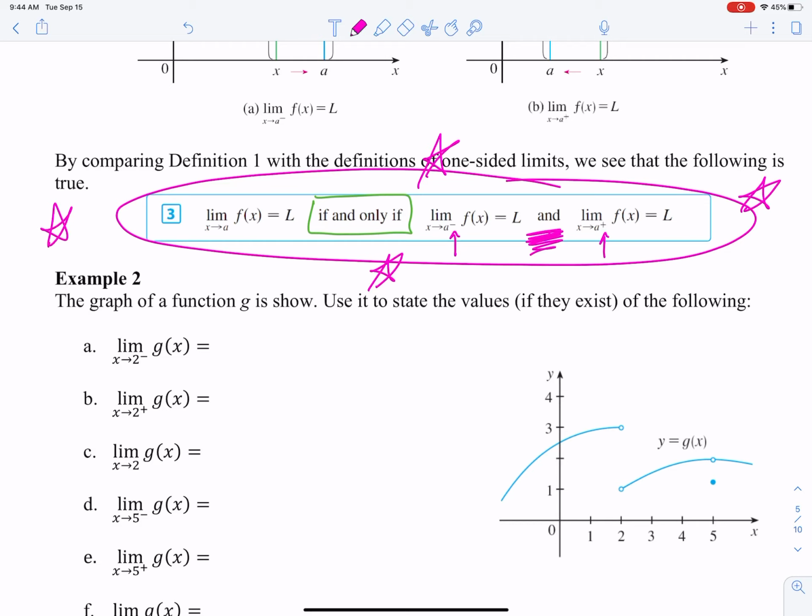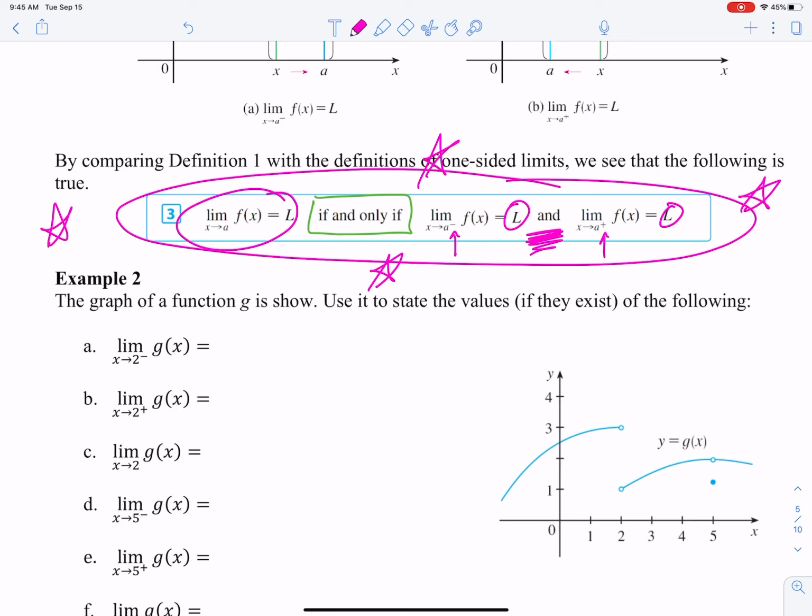So what this is really saying, what I was saying before, is the limit exists at x equals a, as x approaches a, if and only if the limit exists and is the same from both sides. They're saying from the left and from the right have to equal some L value.